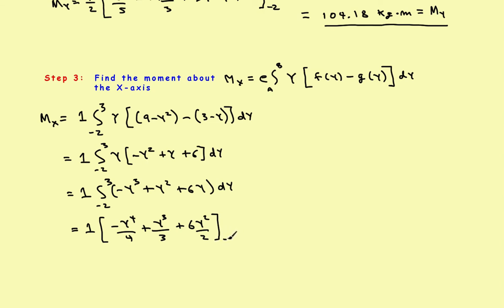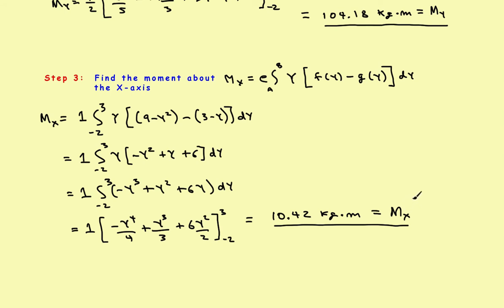And this is all evaluated from minus 2 to 3. Now we'll do exactly the same thing we did before. I'll let you plug in the 3, let you plug in the negative 2, and evaluate that. And when you do, it'll turn out to be 10.42 kilogram meters. And what that's going to be is the moment about the x-axis.